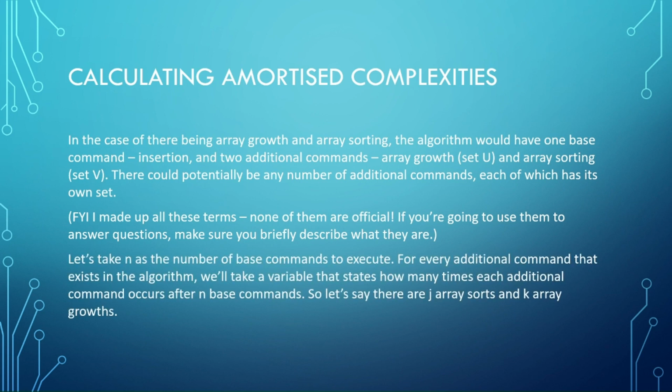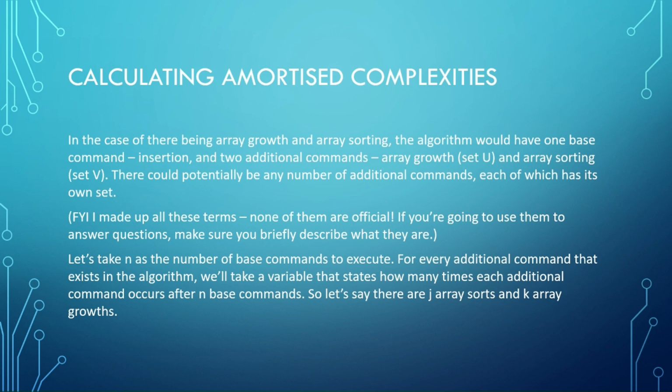Let's take n as the number of base commands to execute, so let's say the number of insertions into the array. For every additional command that exists in the algorithm, we'll take a variable that states how many times each additional command occurs after n base commands.